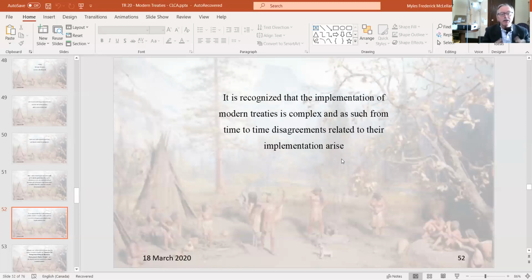Because the implementation of modern treaties is complex, from time to time disagreements can arise with respect to the obligations for implementation.